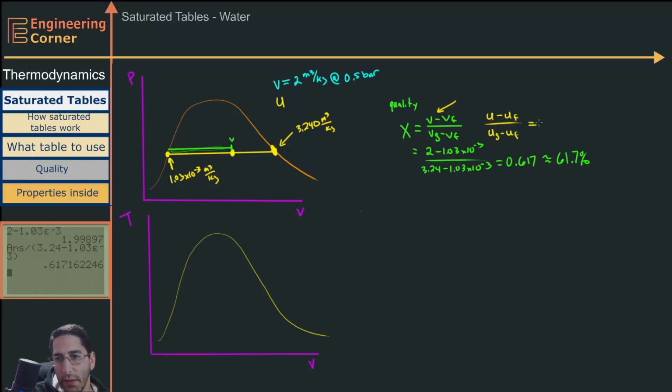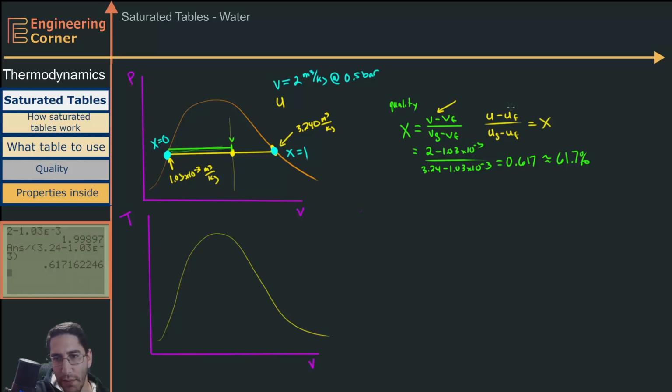And that would also give us a quality. Now, if we got a quality of 0, that means we're right on this line right here. So this would be a quality of 0. If we got a quality of 1, that means we're right on our saturated gas line. So this would be a quality X equals 1.